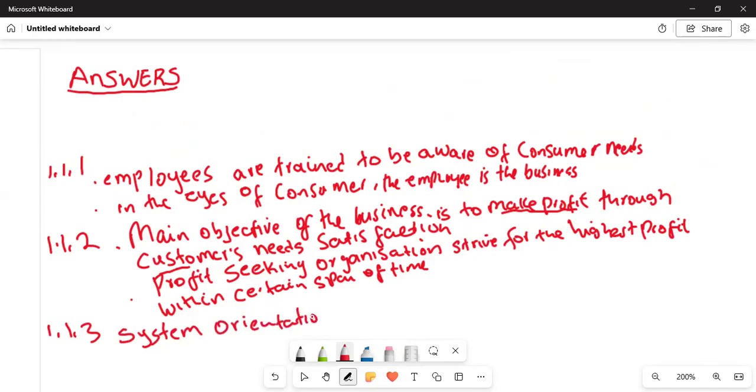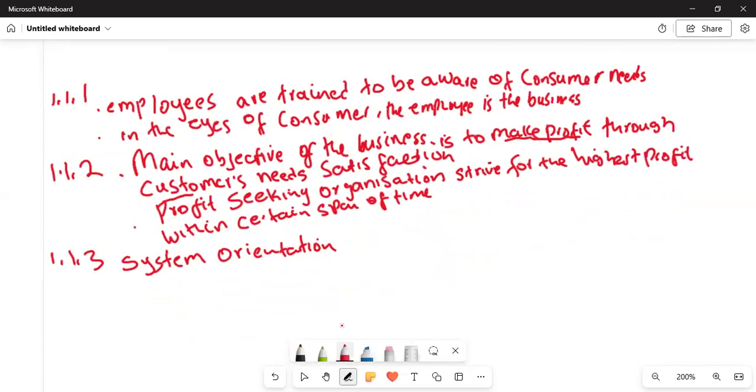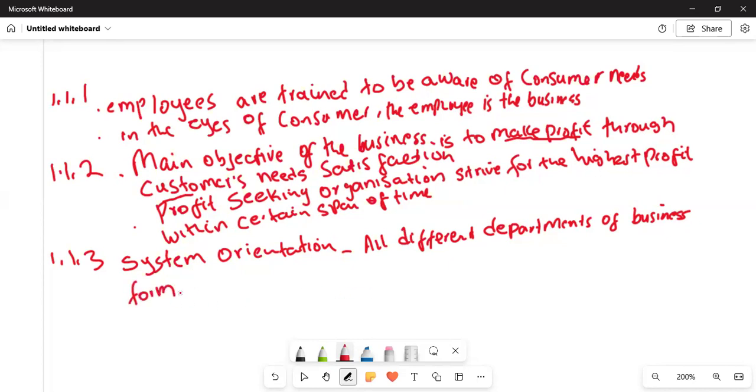With system orientation, we are talking about how all different departments of business form an integrated system.